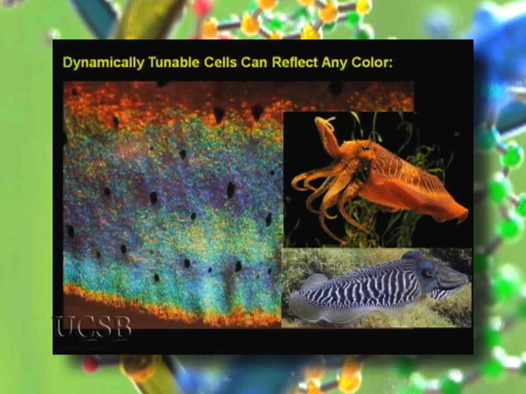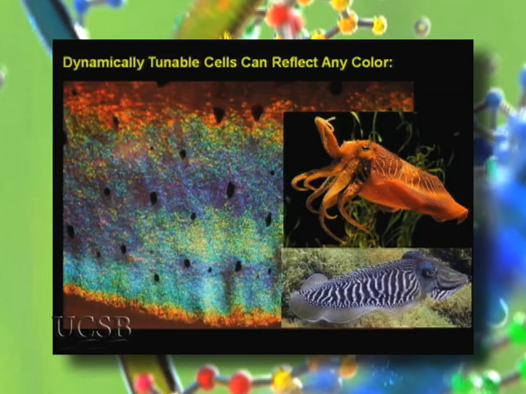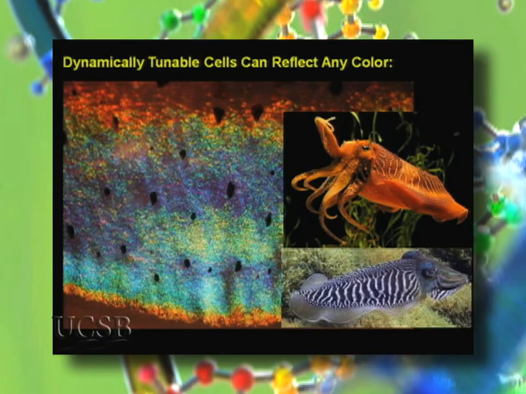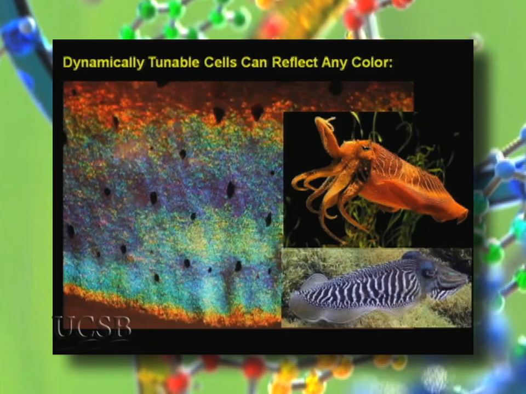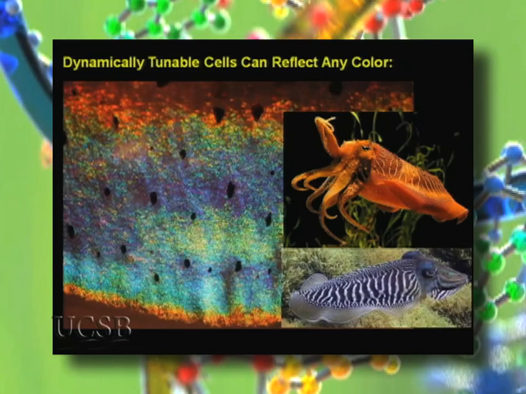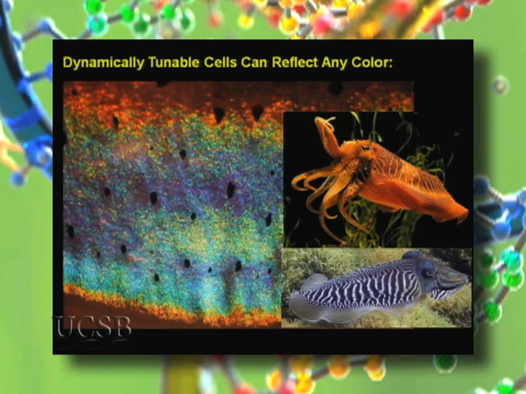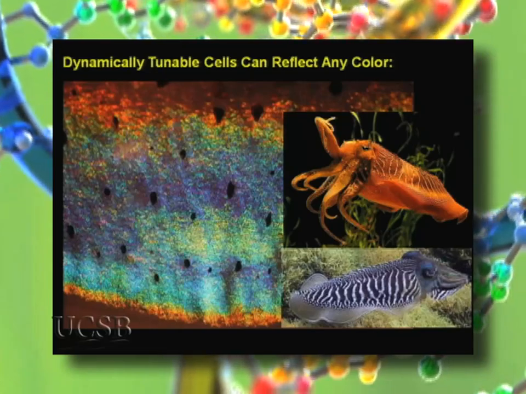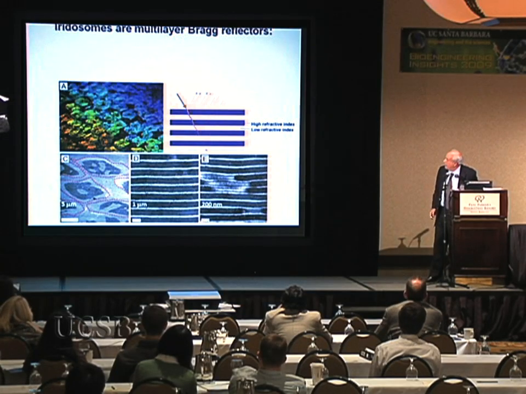There's a layer of cells which Daniel DiMartini and Alison Sweeney have been working on in our group, and Andrea Tao has worked on, that can dynamically tune to show any color, as you see here. This is the same species of cuttlefish in two different displays. This is Stay Away, and this is Come Get Me for Mating. And I know you can see that was attractive.